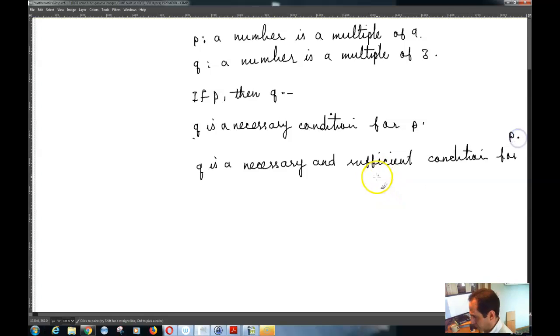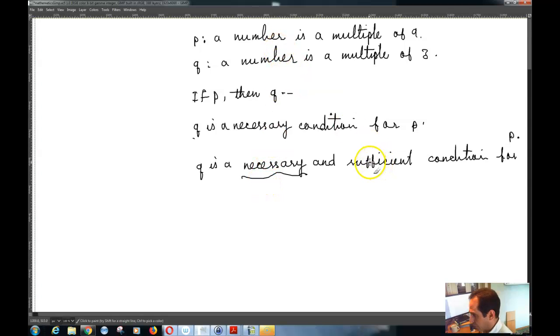P, so the necessary part, which we had over here as well, means that if a number is a multiple of 9, it is necessarily a multiple of 3.